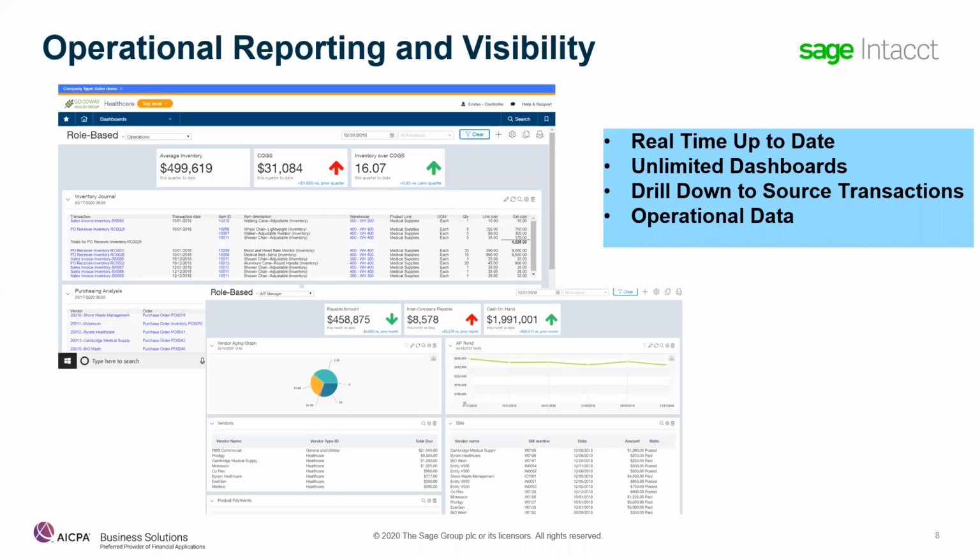One, because we have such a great reporting center, and we'll talk about that as we get into the solution. The reporting center has all of the reports that are there when you implement. So around 150 reports are there when you implement. 30 of those are financial reports, 120 are reports across the subsystem.